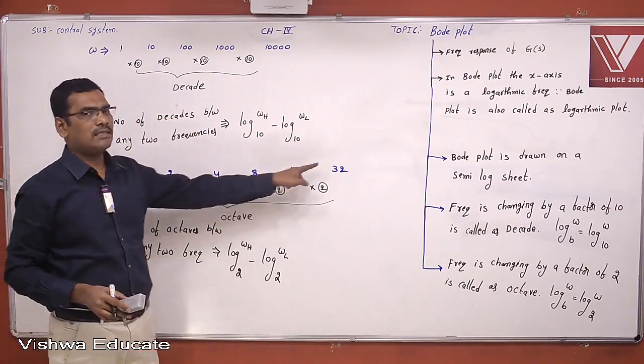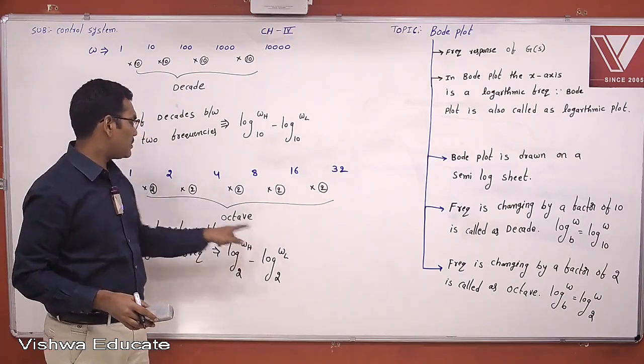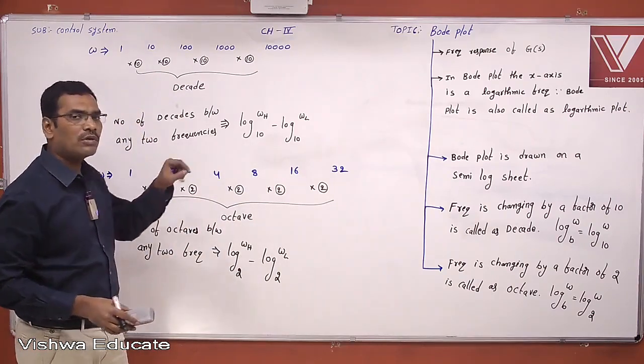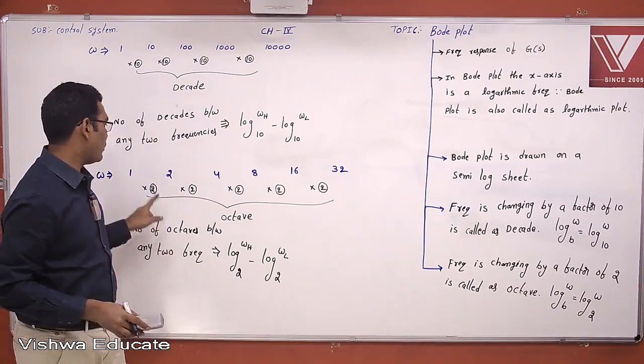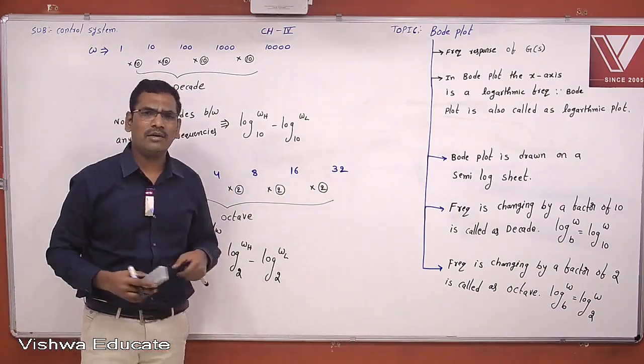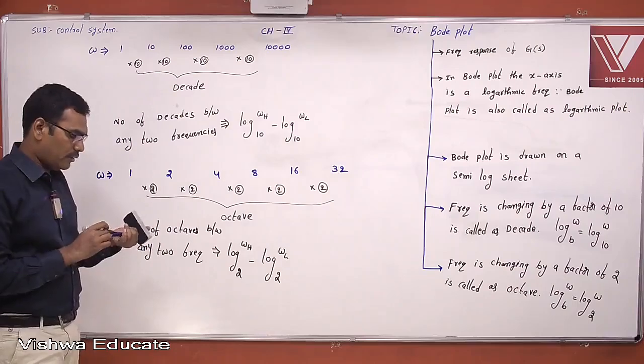The highest frequency is 32, 2 power 5, minus the lowest frequency 1, which gives 0. So total 5 minus 0, 5 octaves: 1, 2, 3, 4, 5. Like that you can find the octaves and decades between any two frequencies.